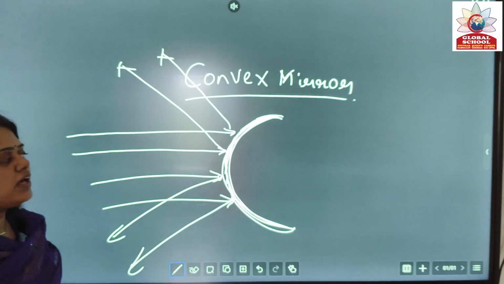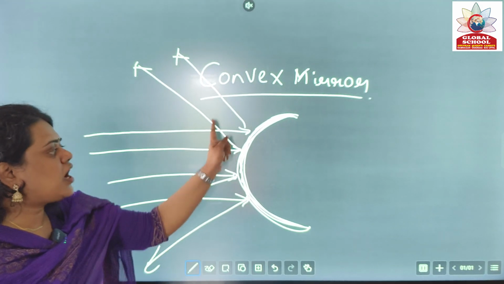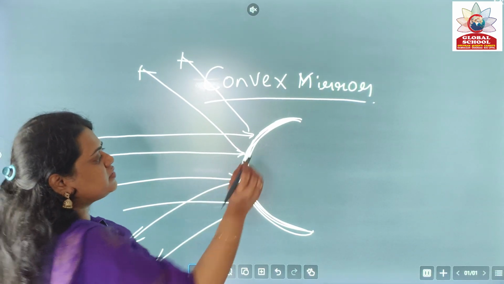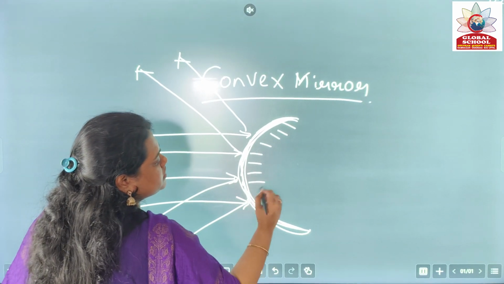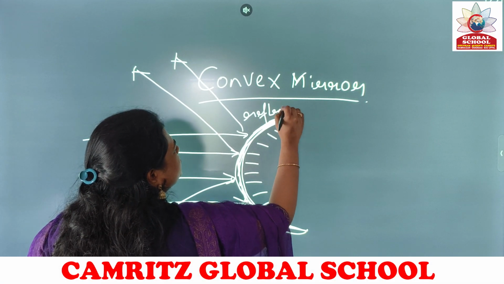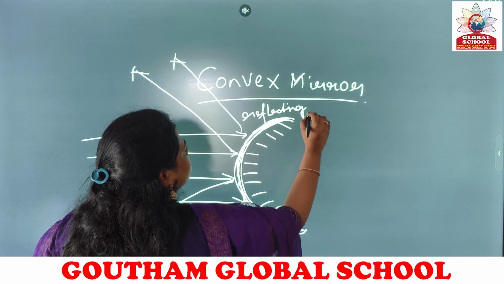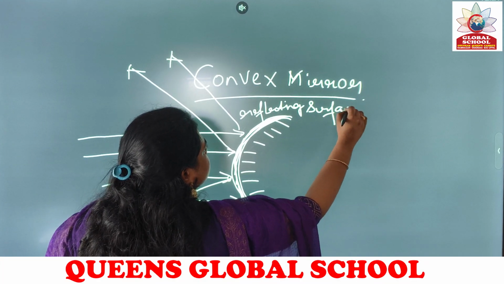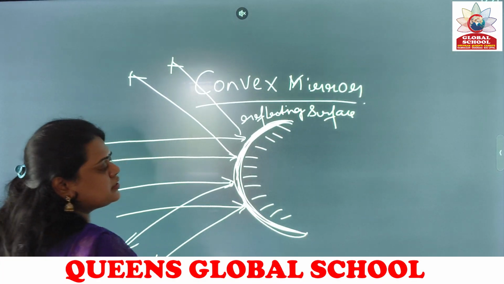They are moving back. The reflecting surface is outside. This is not the reflecting surface. There is no reflecting surface here. This part is the reflecting surface.